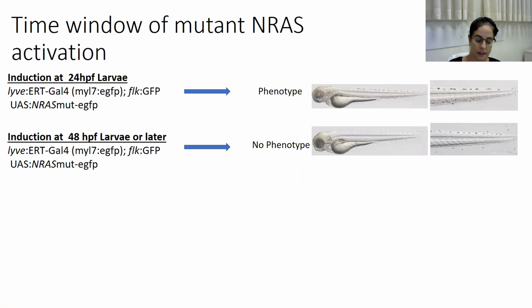Interestingly, using the inducible LYVE1 controlled model, we observed a restricted time window in which the NRAS activation induces a dysplastic phenotype. Whereas expression induction by tamoxifen at 24 hours post-fertilization leads to a similar phenotype to the constitutive model, induction at 48 hours does not lead to any noticeable lymphatic phenotype.